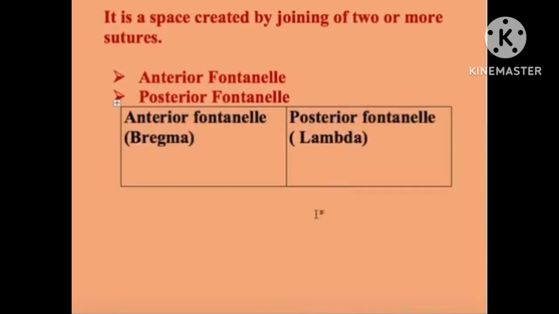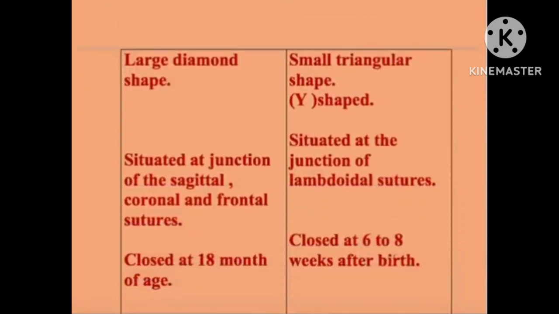So here are the fontanelles. Anterior fontanelle is also called bregma, and posterior fontanelle is also called lambda. The anterior fontanelle is large and diamond in shape, and the posterior fontanelle is small, triangular or Y-shaped.